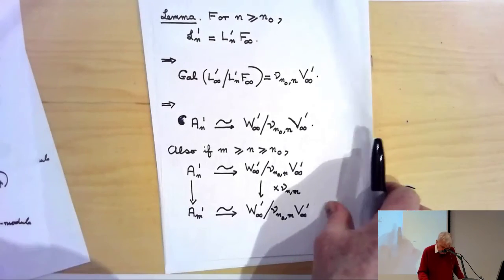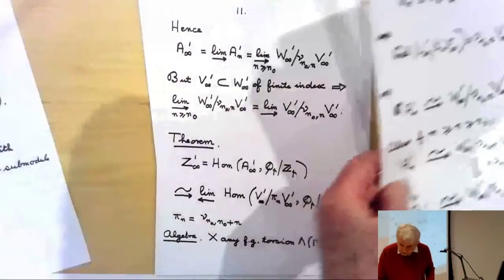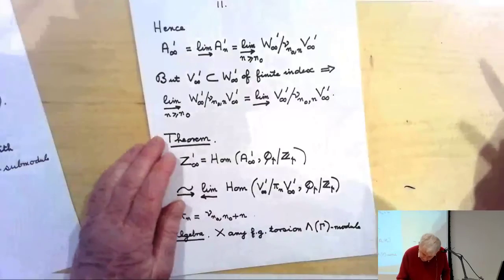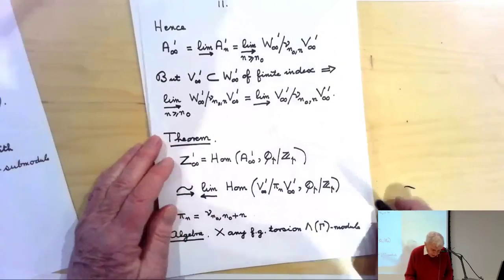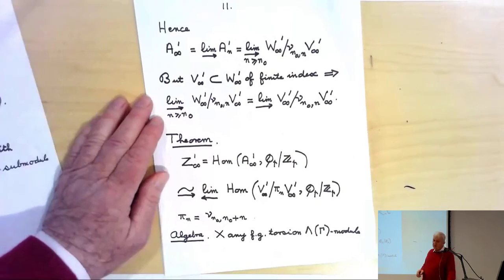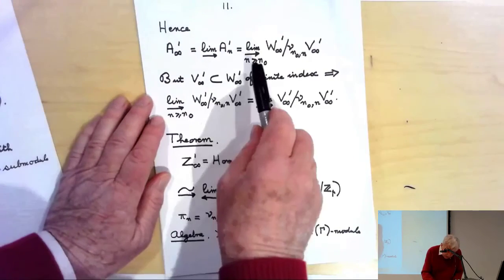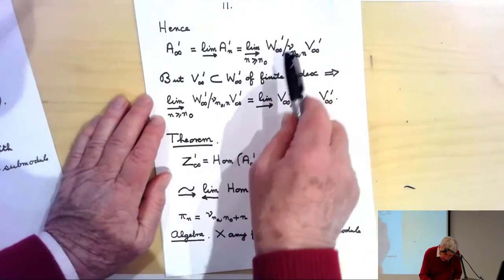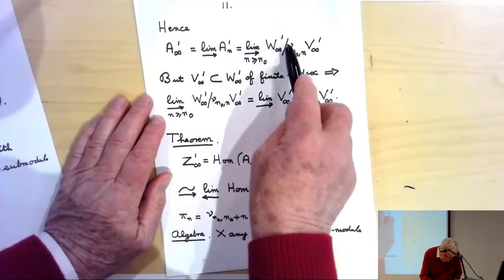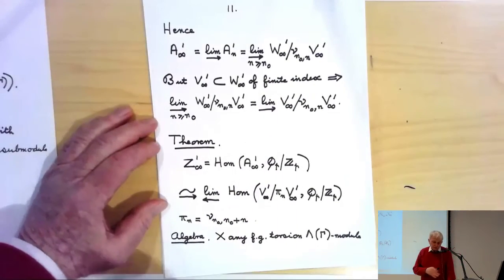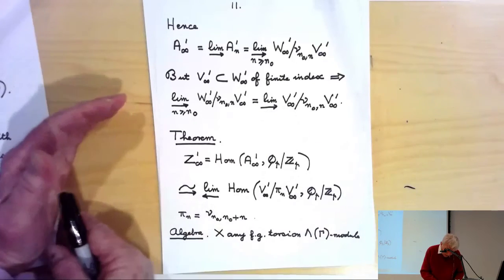And therefore it follows, so if this diagram is certainly correct, it follows that A infinity prime, which is the inductive limit of the A_n primes, will be this curious inductive limit of W infinity prime over mu_{n naught n} V infinity prime. You just take the inductive limit of those.